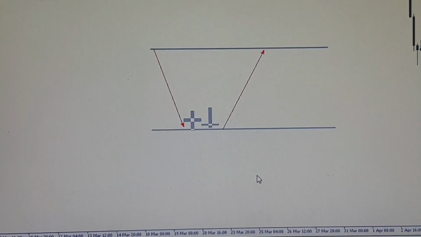Guys, for you to trade this profitably, make sure you find these candlesticks on a higher time frame, like the weekly, the daily, the 4 hours. Always use a higher time frame for it.